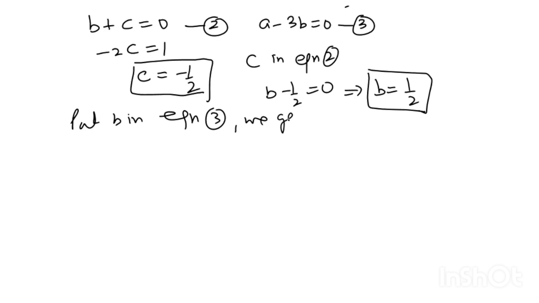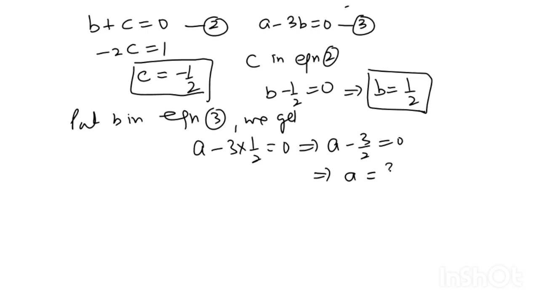So we get a minus 3 into half equal to 0. This implies a minus 3 by 2 equal to 0. So the value of a is 3 by 2. So a is 3 by 2, b is half, and c is minus half.